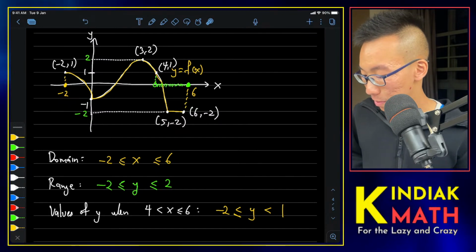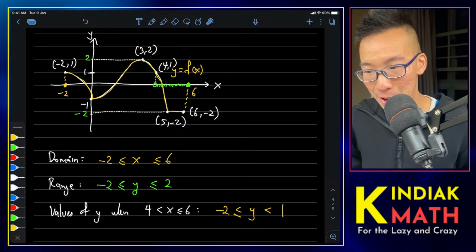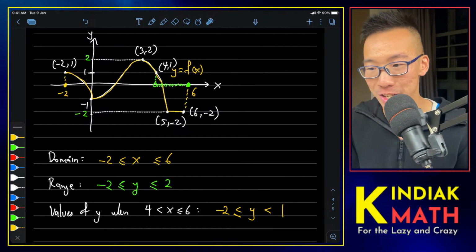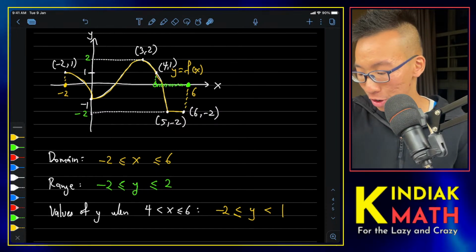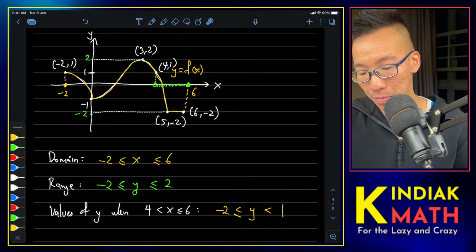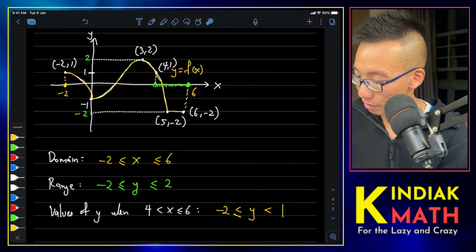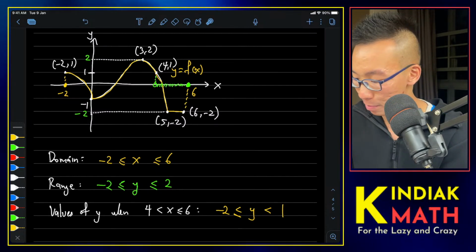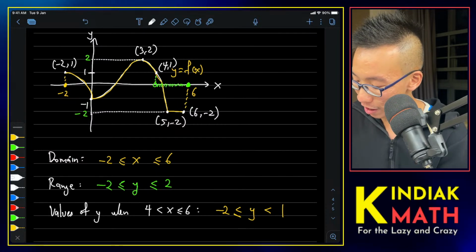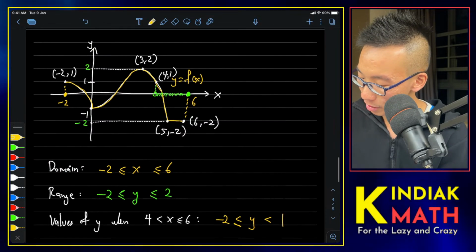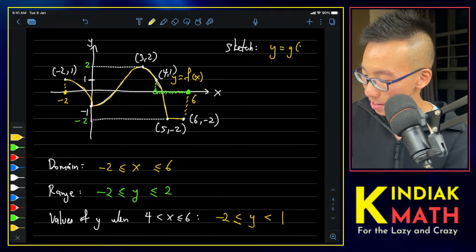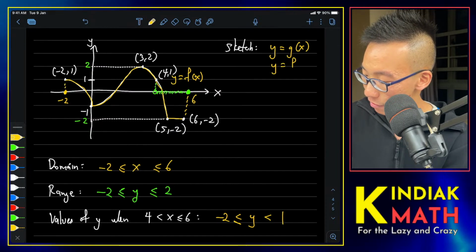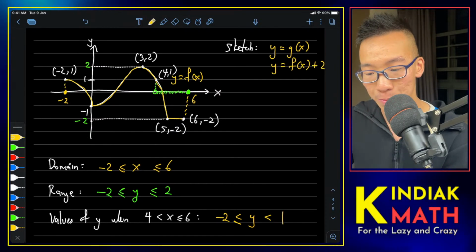Okay. So that's one of those questions, and there is another part to this question, and we are required to draw the graph of a slightly modified function. So this is y equals f of x, but we need to sketch the function y equals g of x, which is given by f of x plus 2.